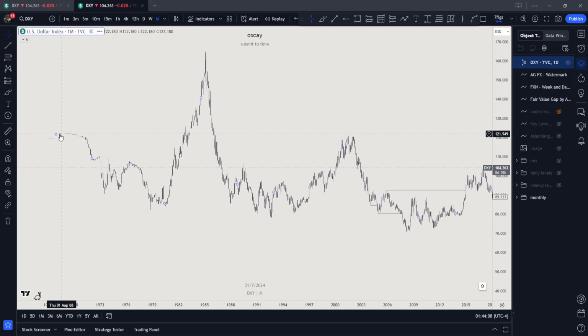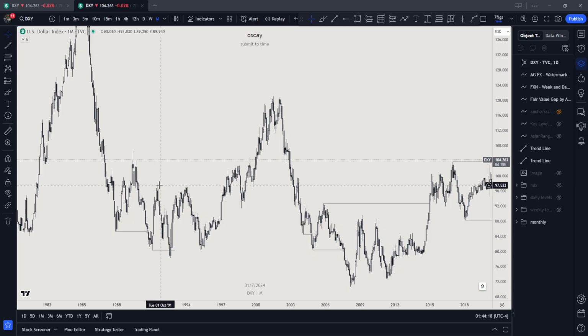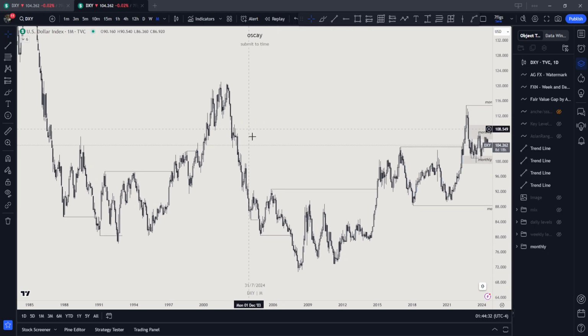Wow, it goes all the way back to there. High, low, high, low. Let me just mark it. This becomes our new high. We break it right here. So this becomes our new high, and we break it again. Break, new high, break, new high. Changing the state of delivery, new low, break the new low, break the new low.